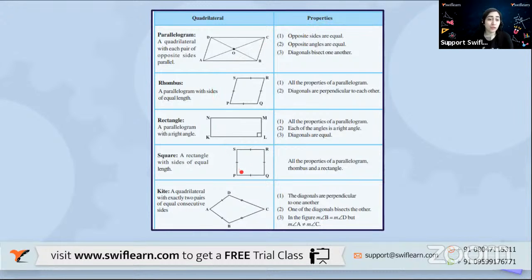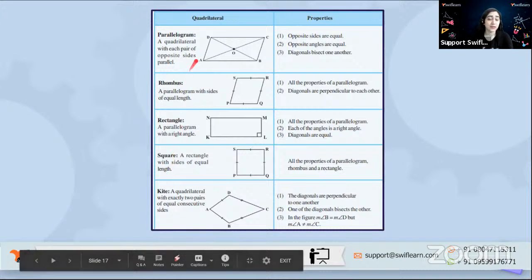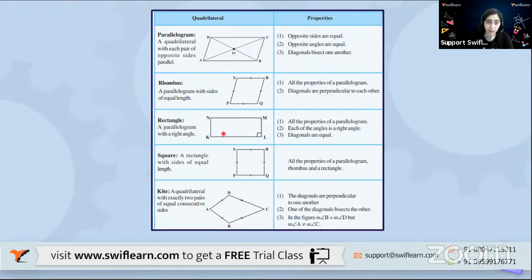This is all which we have done with the properties, and today I'll revise all of them with you. So, quadrilateral and its properties. The quadrilateral consists of a parallelogram, rhombus, rectangle, square, and a kite. These are the areas which we have studied in a quadrilateral. So what is a parallelogram? A quadrilateral in which each pair of opposite sides is parallel.